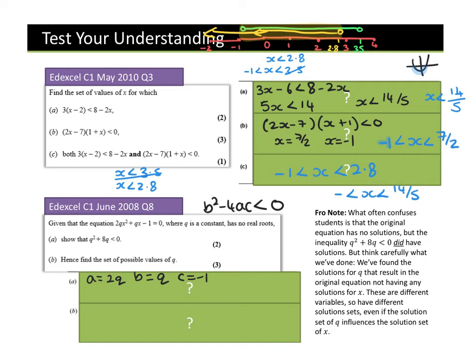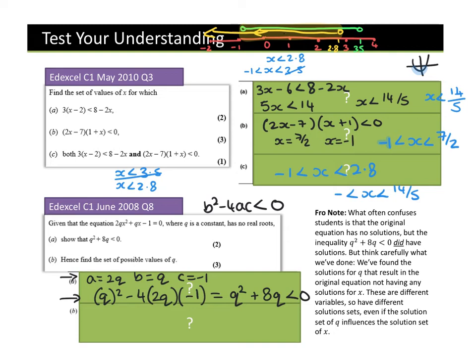So now we're going to do b squared minus 4ac. So q squared minus 4 lots of 2q bracket minus 1. You definitely have to write this down. Then that's going to be 2q squared plus 8q is less than 0.